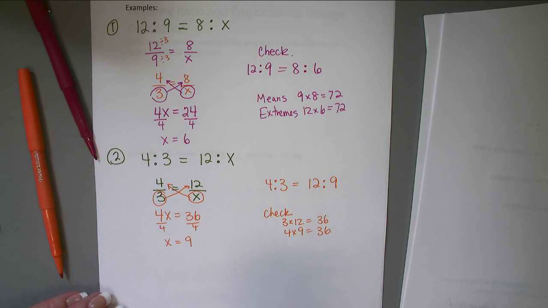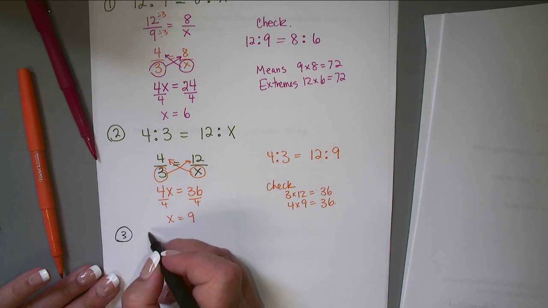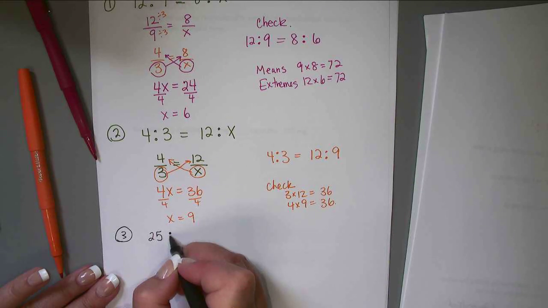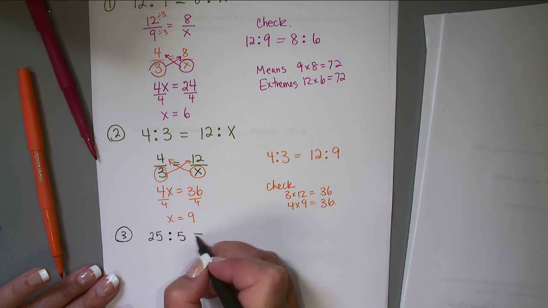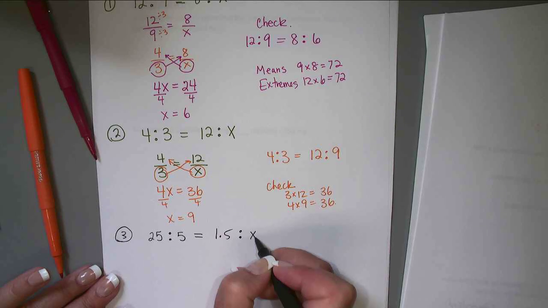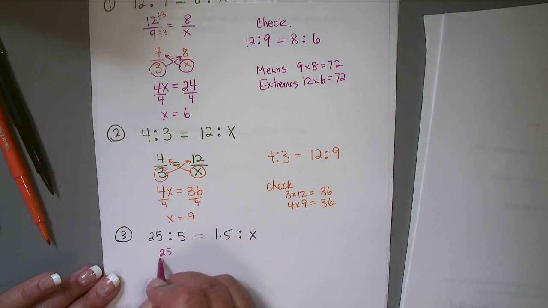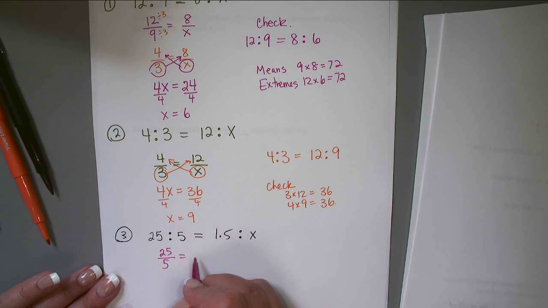Now we can have decimals in these as well, so let's do one with a decimal. 25 to 5 and 1.5 to x. So if we write 25 over 5, this actually reduces nicely. 25 over 5 is just 5.